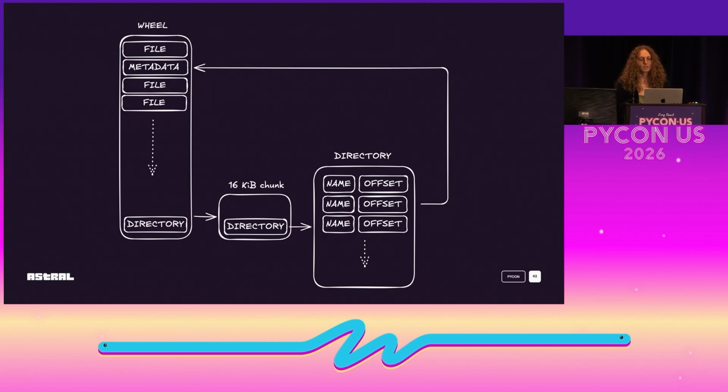So UV retrieves a chunk of the end of the wheel and then uses that to determine the position of the metadata file and then requests the metadata file. This requires multiple range requests, but is much faster than downloading an entire wheel that we might not even use. Remember, we're just trying to figure out what the wheel's dependencies are, not install this package.